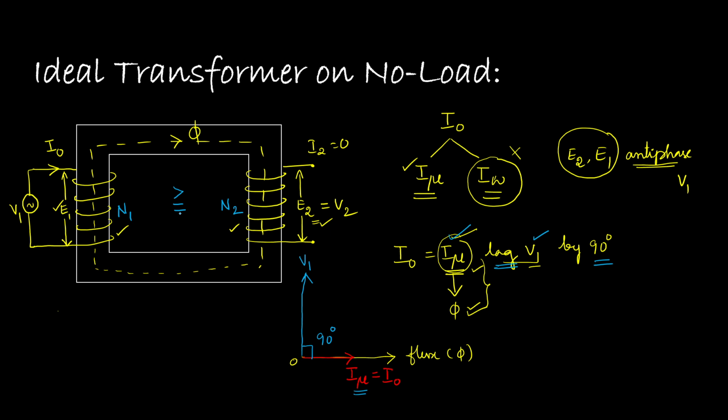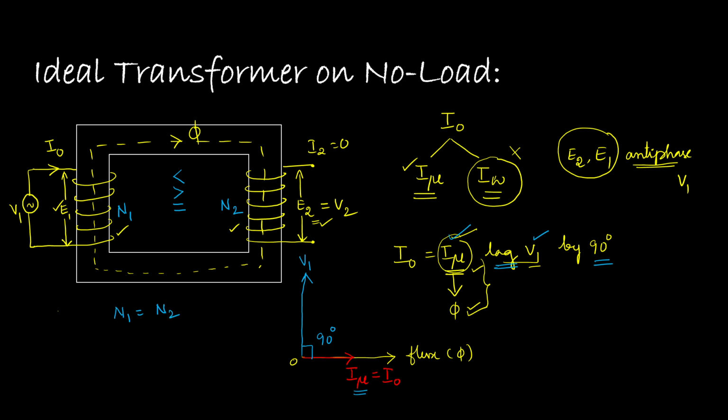Right? Now if I consider the number of turns on the primary side as N1 and the number of turns on the secondary side as N2, we will observe three conditions here. One is N1 equal to N2, or N1 greater than N2, or N1 less than N2.